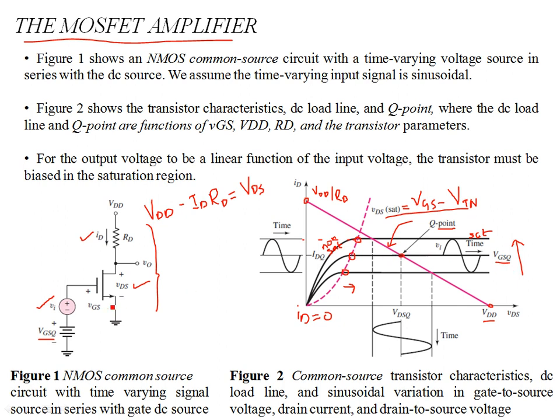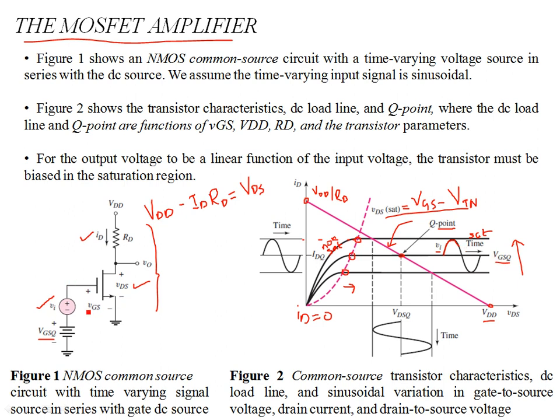Once you have your VGS, which is set by the DC source at the gate of the MOSFET, then you apply a certain signal, an AC signal, which is alternating. It's a sinusoid having a certain frequency, and then this VGS is a superposition.